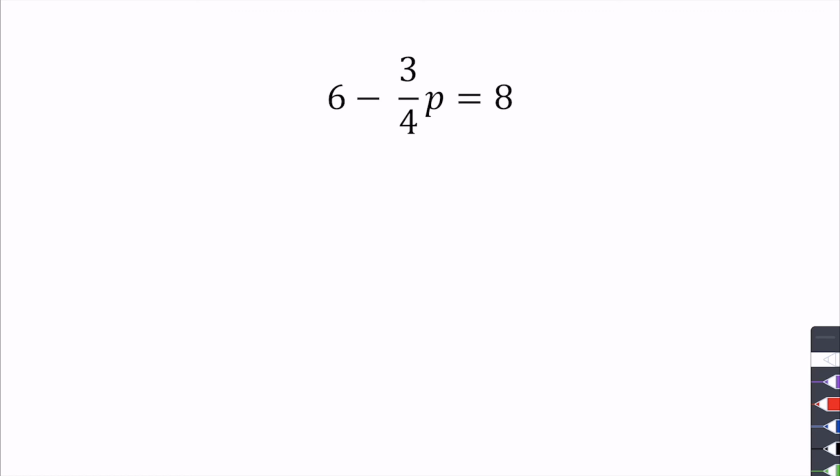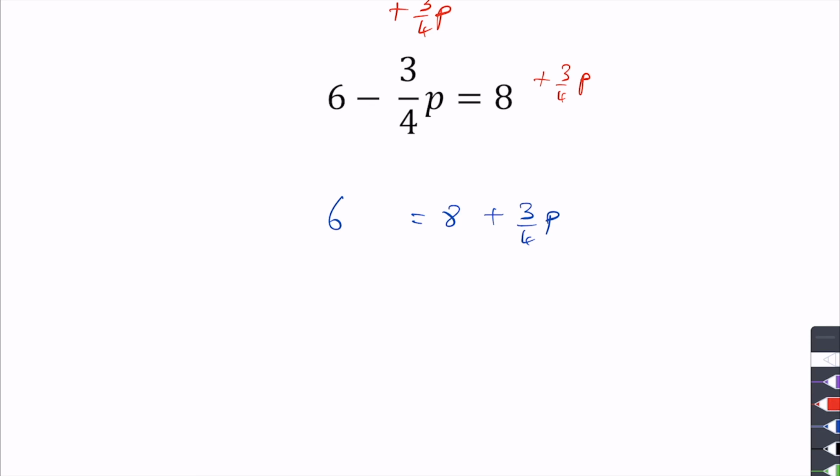And to do that, you do the opposite of the sign. So we're going to add 3/4 p, and we're going to add 3/4 p there. That leaves me with 6 is equal to 8 plus 3 over 4 p.